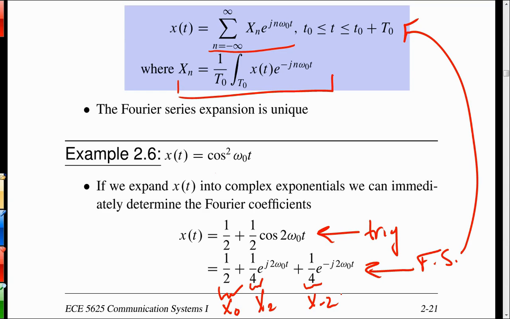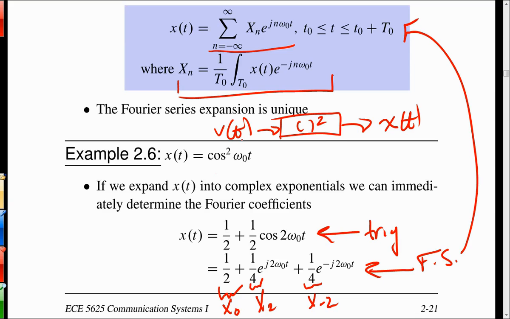The reason why I might not do that, though, is suppose I had a circuit like this, or a system. Suppose I had V of t went in, and this was x of t that came out.